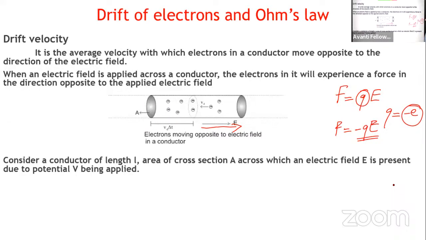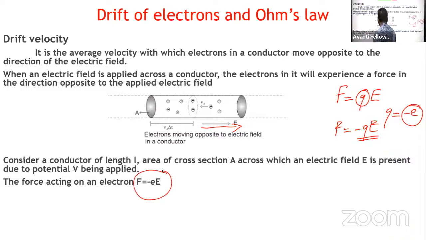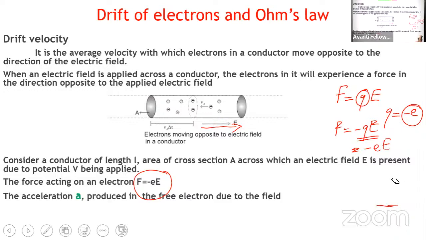So consider a conductor of length L and area of cross section A, across which an electric field E is present due to potential difference V. The force acting on an electron will be minus e E, since Q is equal to minus e. Now, how much is the acceleration produced in the free electron due to the electric field?